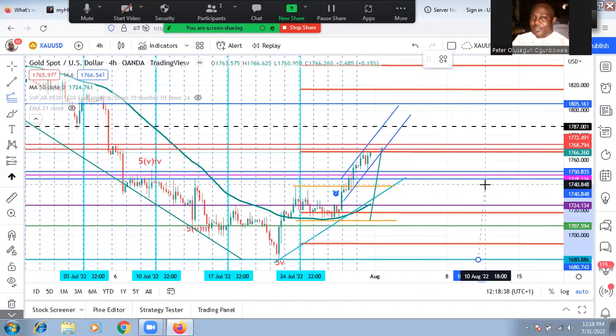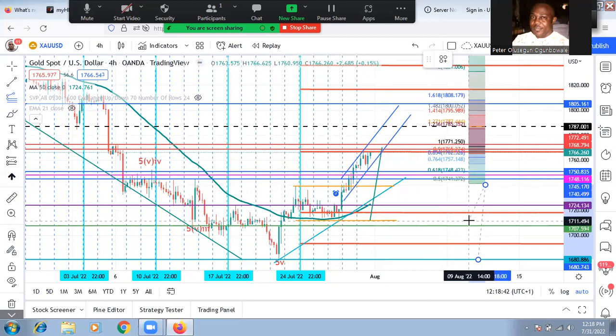This is where we add a break here, back to this level. So at that level, 100 is actually at 172. Yes, 172.